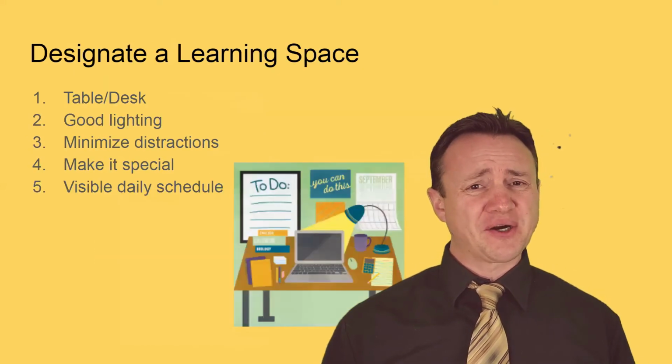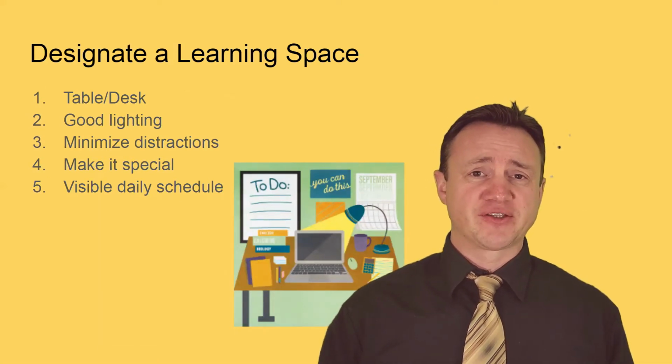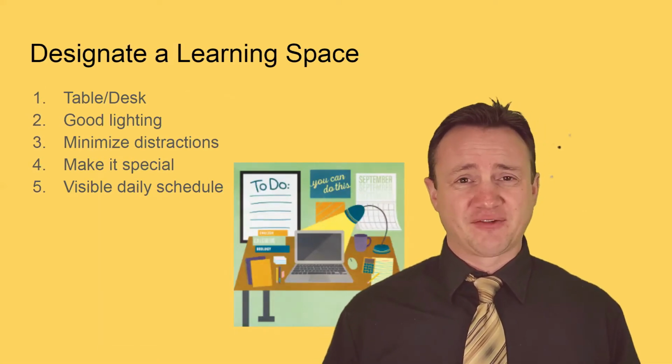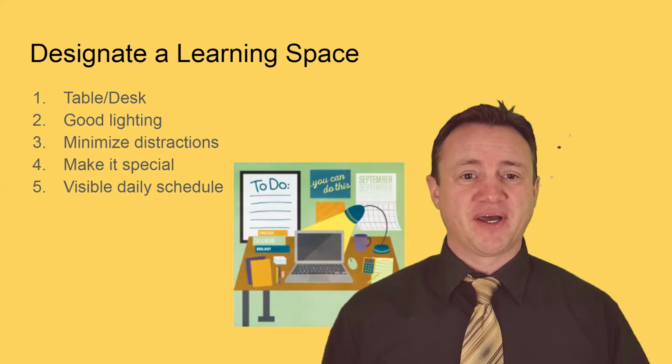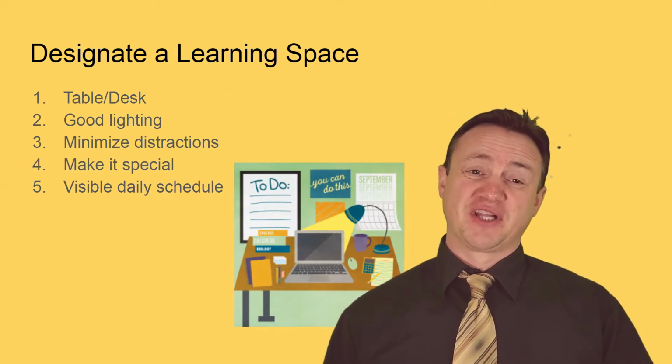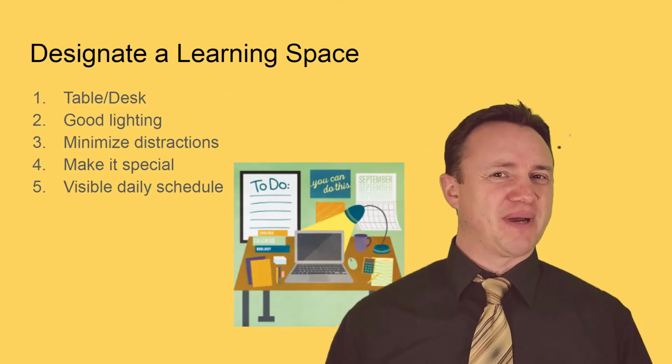The next thing, very important, never to be overlooked, is designating a learning space. It doesn't have to be anything special. It doesn't have to be a new office. It could be a kitchen table, but we want to make sure that there's good lighting. We want to minimize distractions, and we want to make it special.